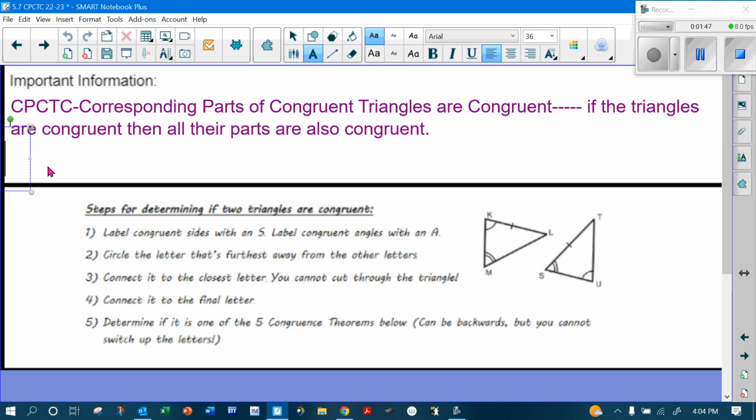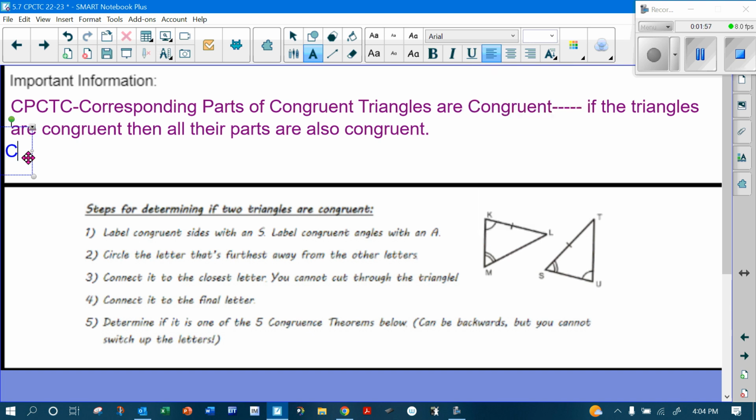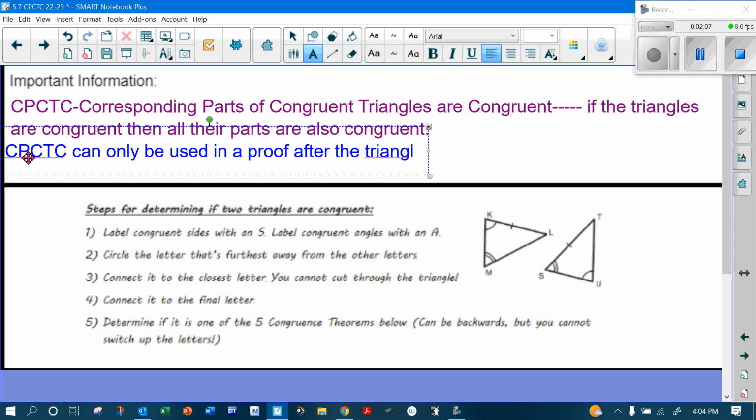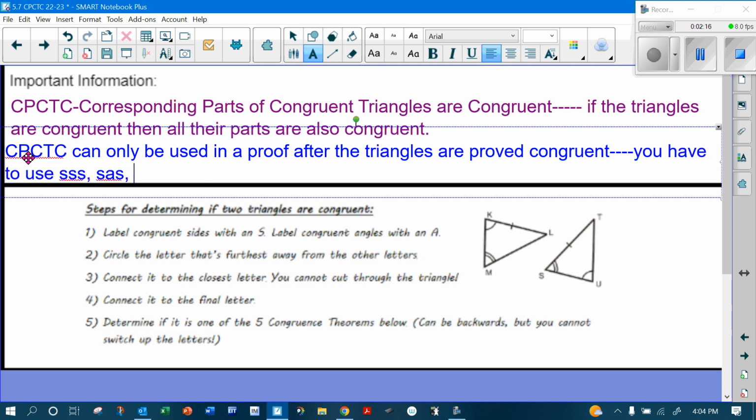Another important thing is that CPCTC can only be used in a proof after the triangles are proved congruent, meaning you have to use side-side-side, side-angle-side, angle-angle-side, angle-side-angle, or hypotenuse-leg first. So those are the two main things.